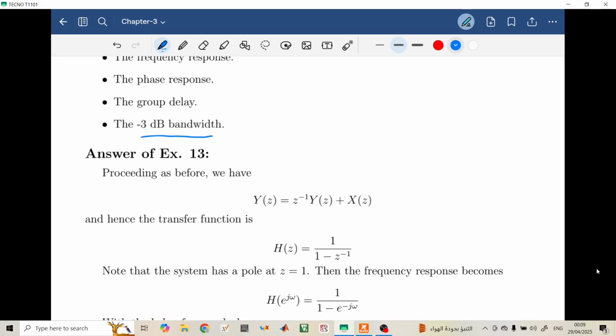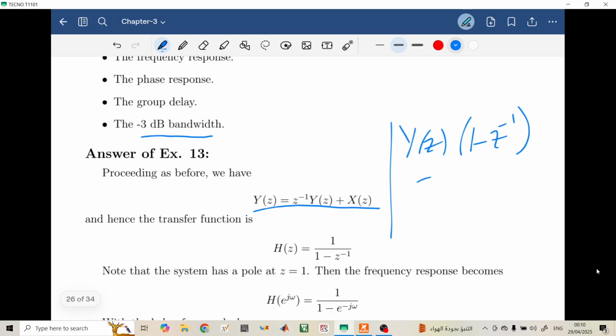We take the Z transform, and this time we take Y as a common factor, right? So we have Y of Z times 1 minus Z to the power minus 1 equals X of Z, right?